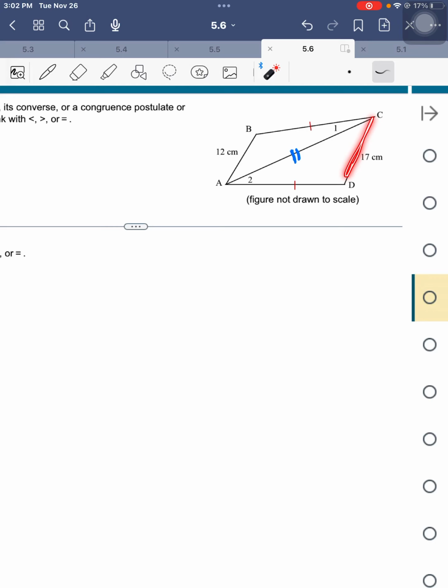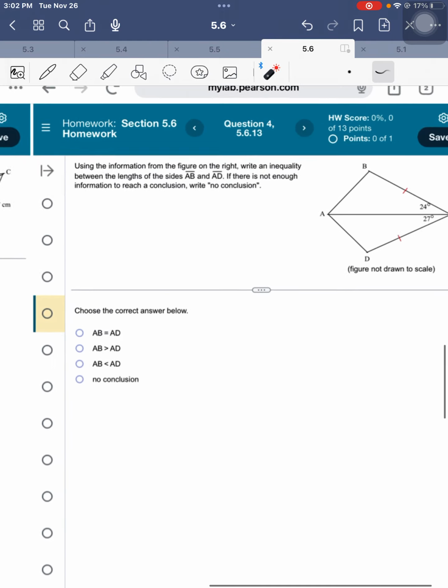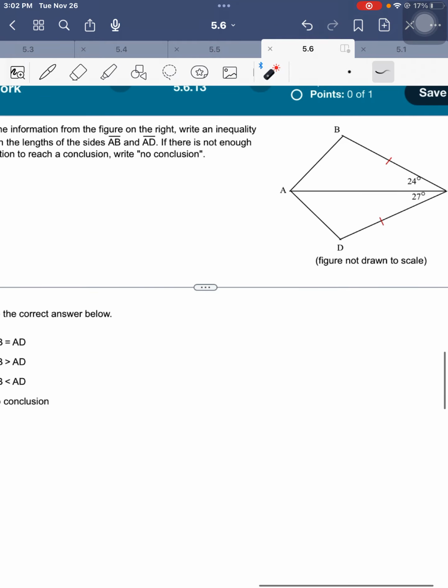Angle BCA, this one. And what is the angle opposite to the 17? It's the angle CAD, this one. So now, which one's bigger and which one's smaller? Well, angle 2 is going to be the bigger angle, because it's opposite to the longer third side. So the measure of angle 1 is less than the measure of angle 2.